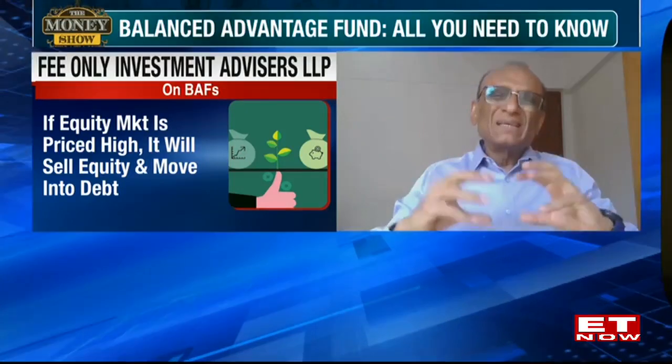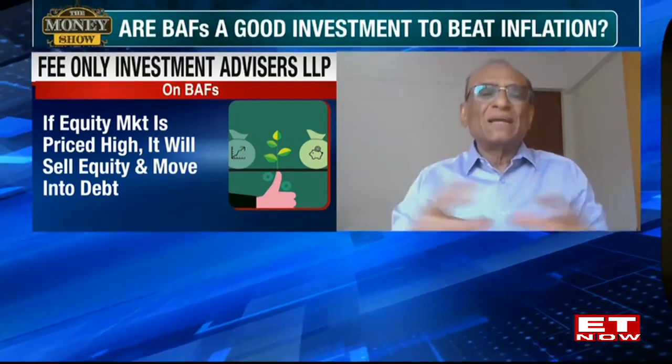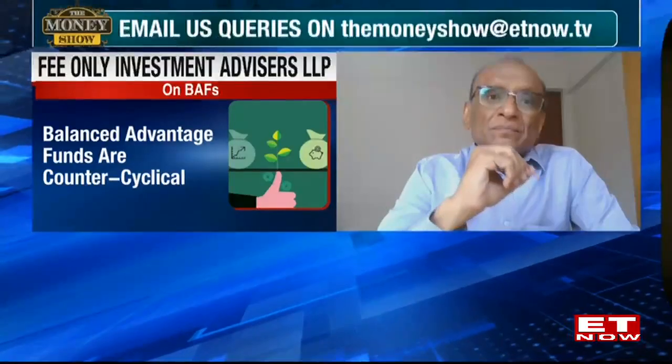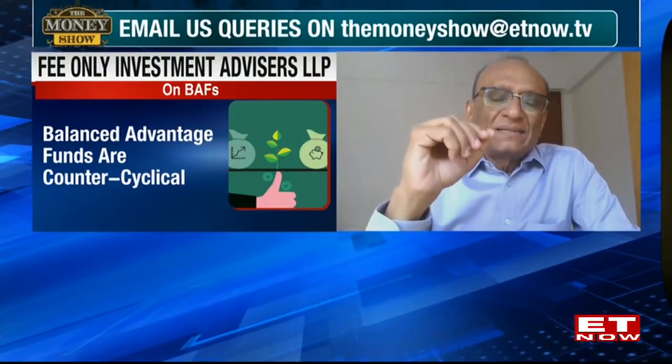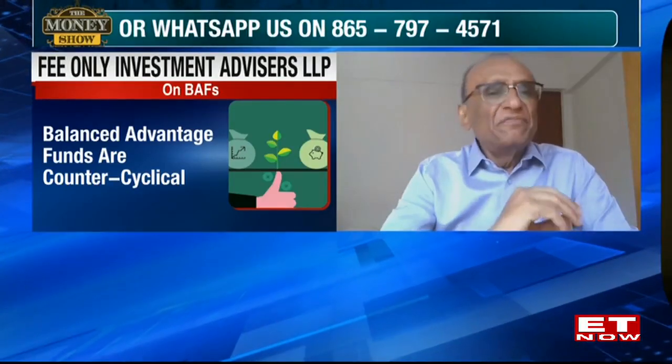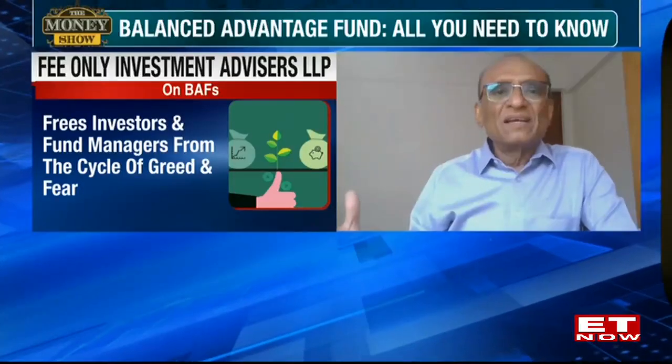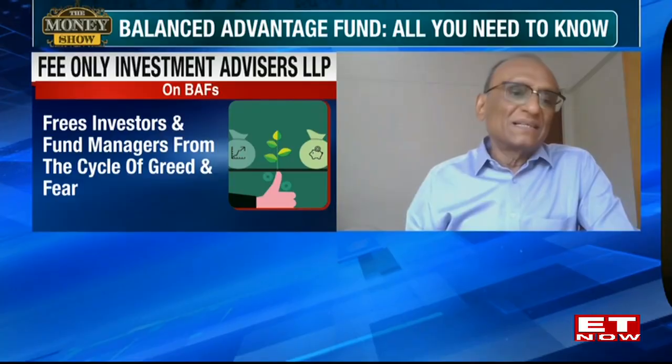And thereby, typically, most balanced advantage funds are what are called counter cyclical. The best thing about this is that it frees the investors completely. They don't really have to take a call on where the equity markets are going, etc.